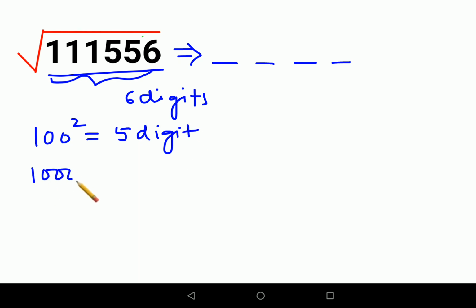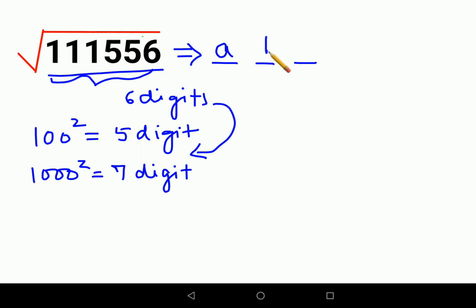And 1000 squared is basically how many? 7 digits, because 6 zeros and 1 gets you 7 digits. So a 6-digit number lies between 100 squared and 1000 squared, which means this answer has just 3 digits in it.